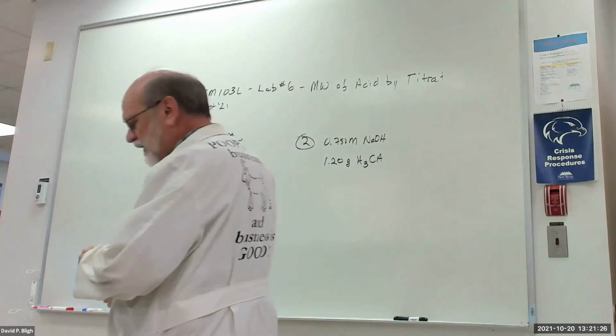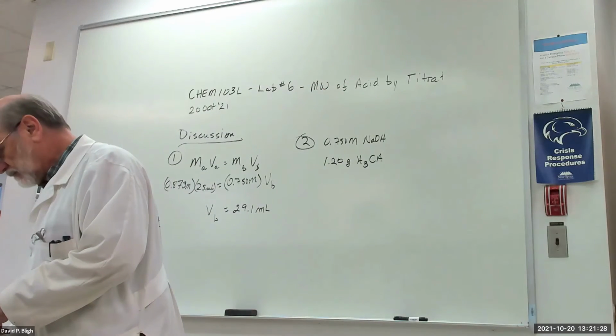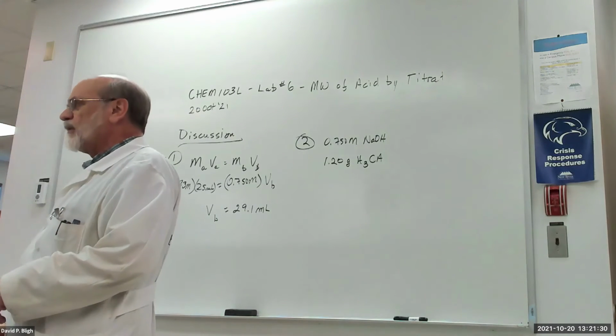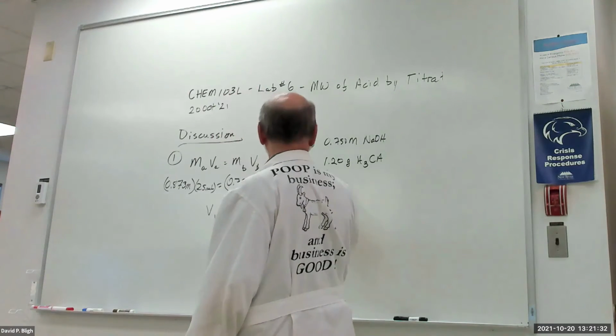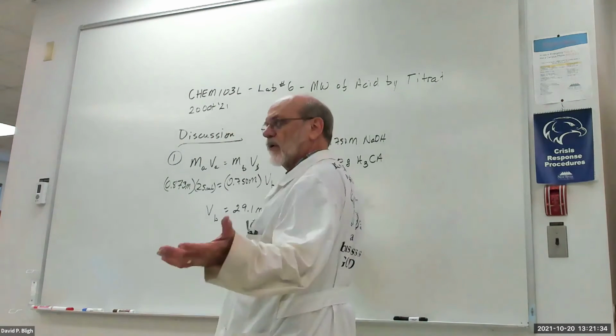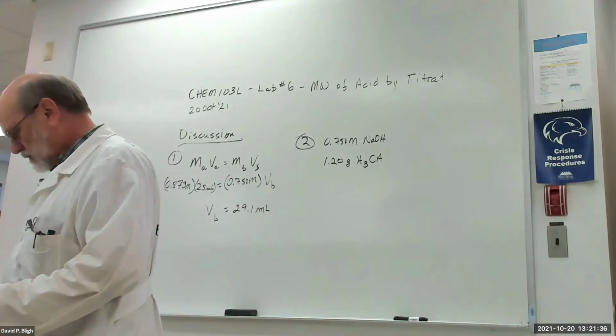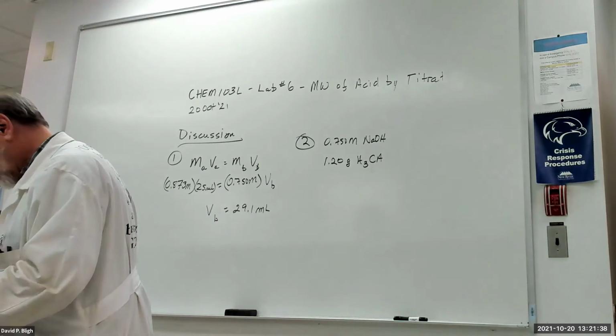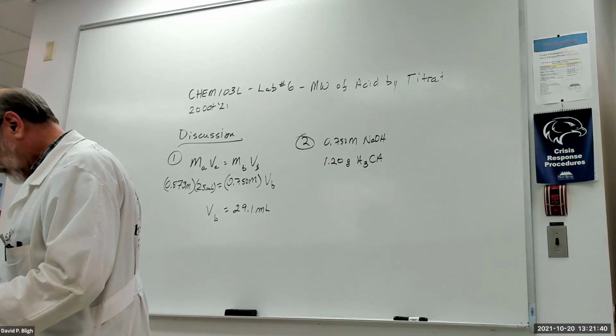So for this one, we've got to know the molar mass of citric acid, don't we? Like, we can't go anywhere without moles. So is that given? We have to look it up.